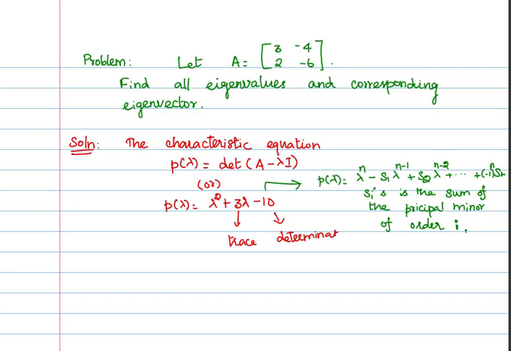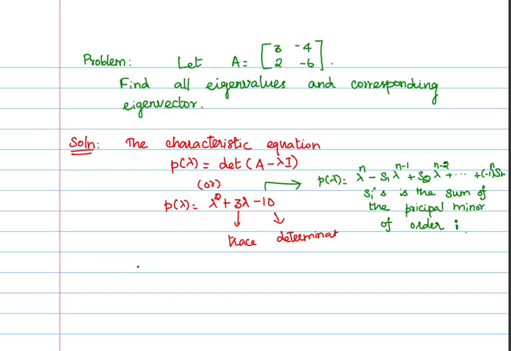It is a 2 by 2 matrix, that is why lambda squared. S1 is the sum of the principal minors of order 1, that is 3 and minus 6, which we call the trace. Then S2 is the 2 by 2 minor, the whole matrix, whose determinant is minus 10. This way we find the characteristic equation.